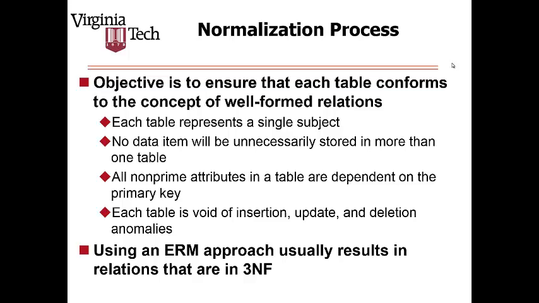What we're trying to do is make sure that all of our tables refer to one single topic, like customer or student or invoice line, and that over all of our attributes, we've never stored one fact more than once. This is our goal, and if we achieve this, we are ensured that we have no anomalies in our design.